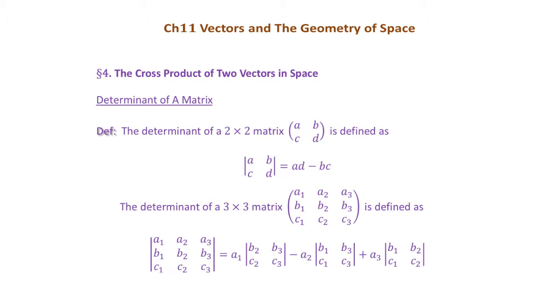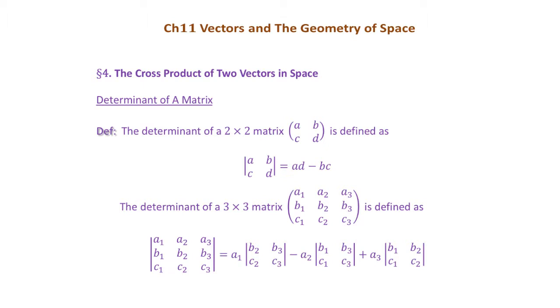And then you go to the next entry on the first row, A2, but you change the sign, so it becomes minus A2. Again, you're going to delete the first row and the second column because that's where A2 is located. So if you do that, what you're going to have will be a 2 by 2 matrix B1, B3, C1, C3. So you multiply A2 by the determinant of that matrix B1, B3, C1, C3, a 2 by 2 matrix.